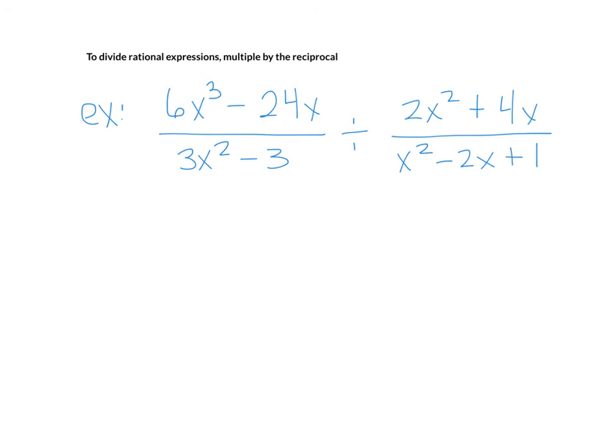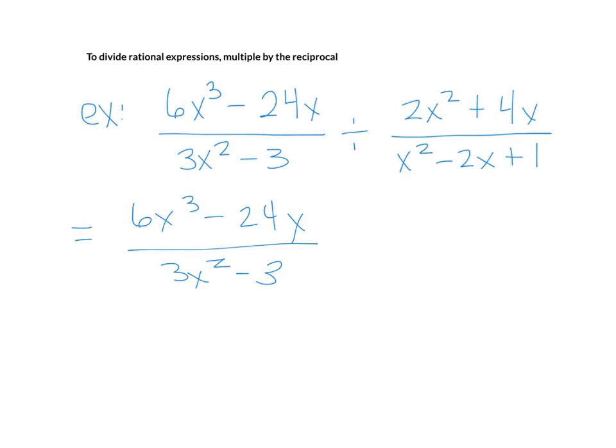Now we're going to look at dividing rational expressions. To divide rational expressions, we actually multiply by the reciprocal. So here's an example where we have this rational expression, 6x cubed minus 24x over 3x squared minus 3, and we're dividing by this other rational expression. So we leave the first rational expression the same, 6x cubed minus 24x over 3x squared minus 3.